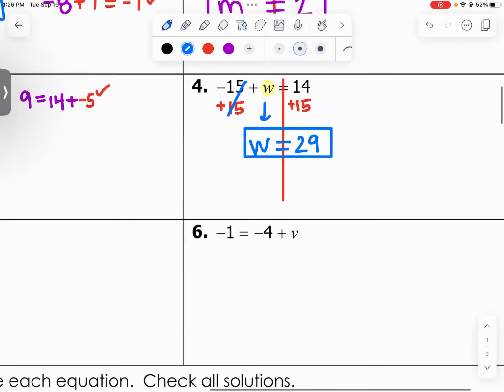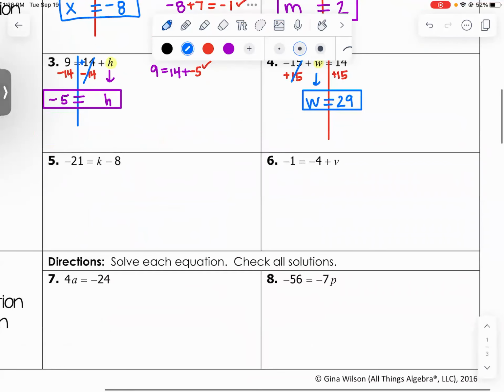I'm gonna give you 60 seconds to try number 5 and number 6. Go. Yeah, you can do it. So we want V to be by itself. So you want to keep -1 there.